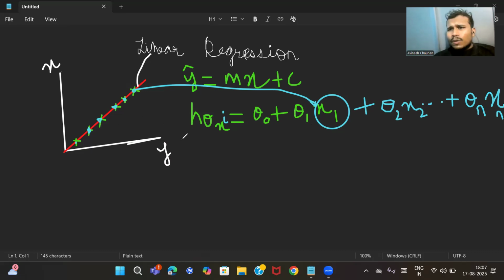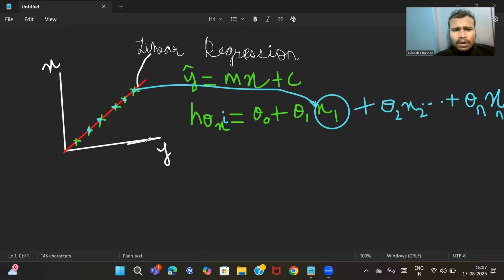So how are we going to find the error? What we do in linear regression is subtract our predicted value from the actual value, and only then can we get the accuracy.